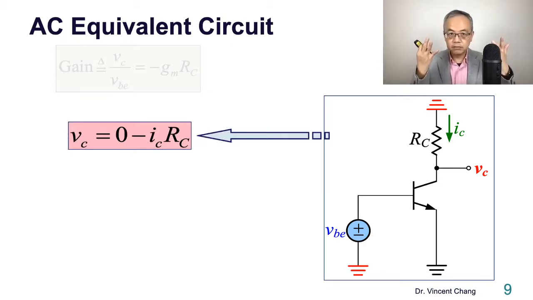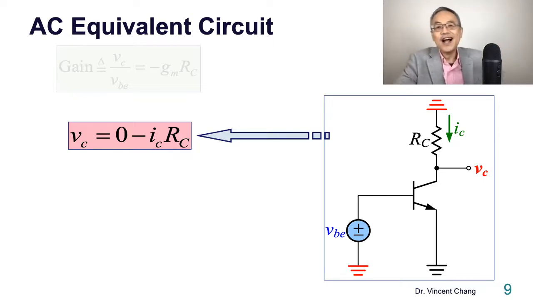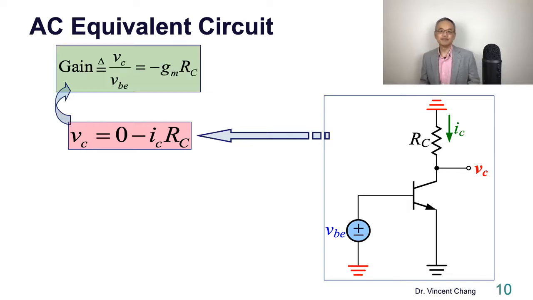You get it? Only one step. Remember how many steps we took when we got everyone involved. Only one step here: vc equals 0 minus ic RC. One step. Done.